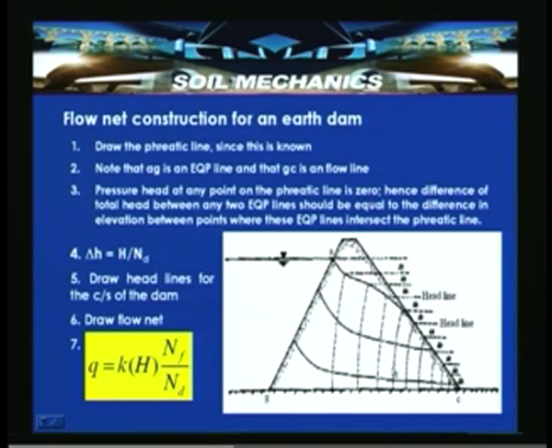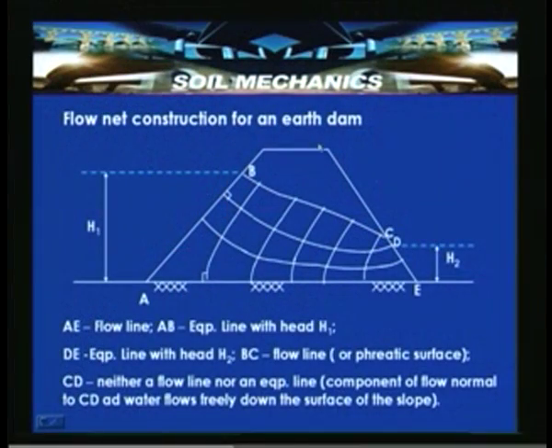This is the direction of the flow, and the equipotential drops can be numbered in this direction, such that their number is Nd. This method is for a homogeneous earthen dam, and we have discussed the method for determining the quantity of seepage passing through it.